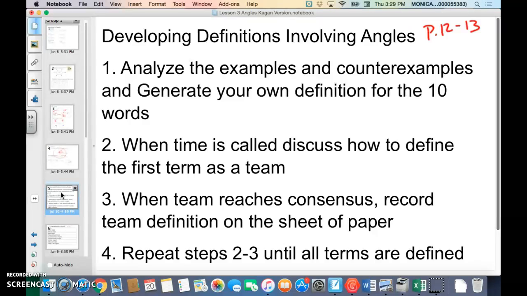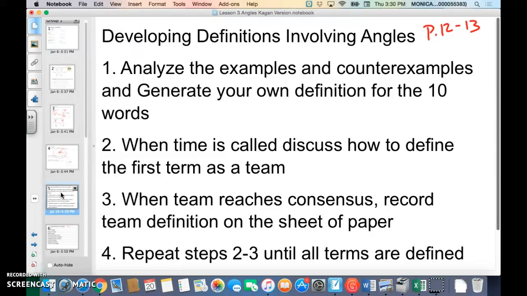You're going to see if you can come up with your own definition first, and then we're going to share with the people at your table. Then you're going to come up with a team definition, and that's what you can write on the sheet of paper. So you're going to write down some notes on pages 12 through 13 about what you think a good definition of each of these words is, looking at the examples and the counterexamples, and then you're going to come together as a team and come up with your terms to write on page 11.